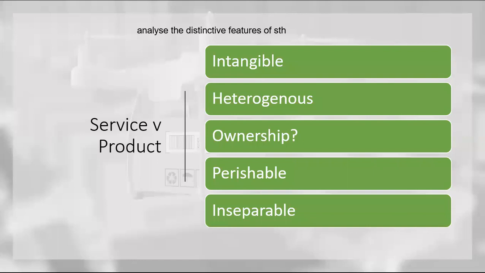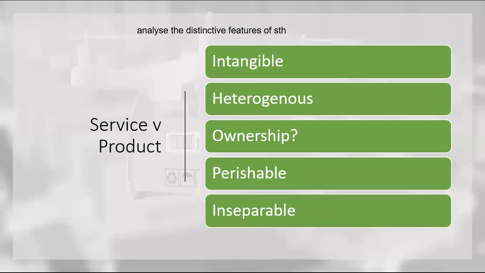And if you want to maximize your points on this question, you must analyze the relationship between this feature and its impact on procurement activity. Because service is intangible, you must define the requirement for service very carefully.